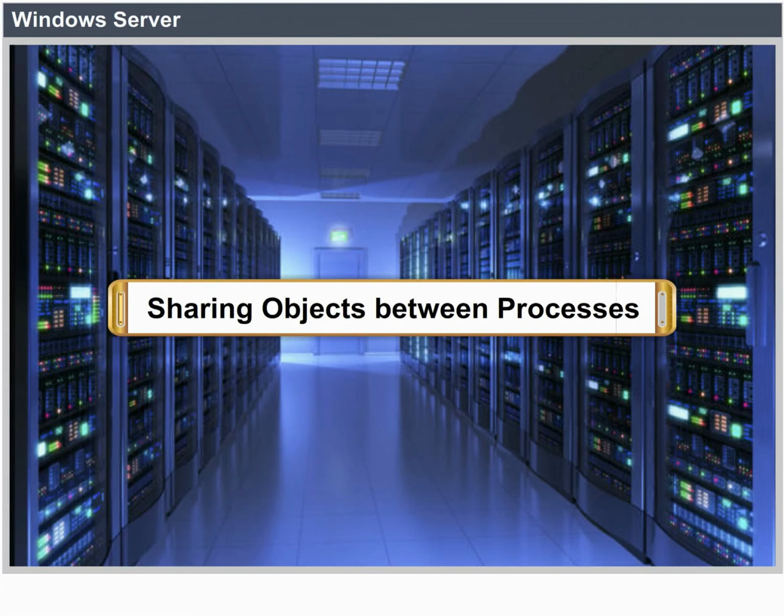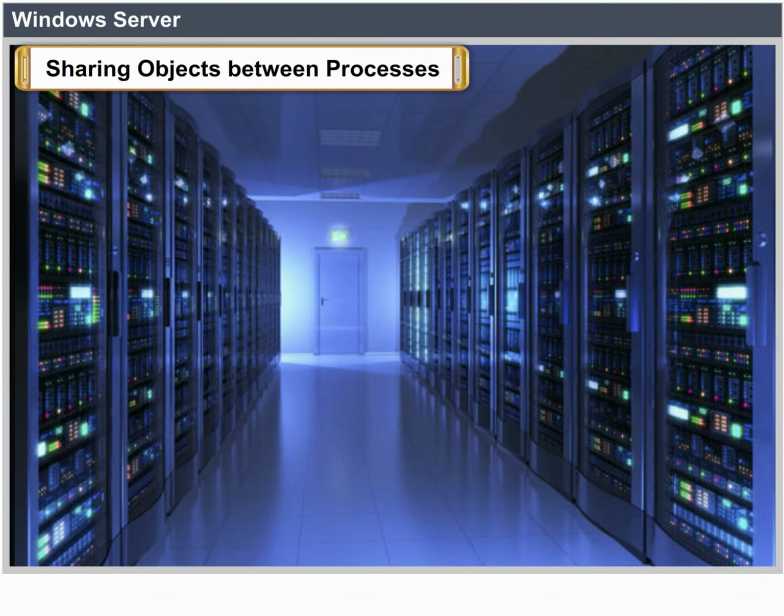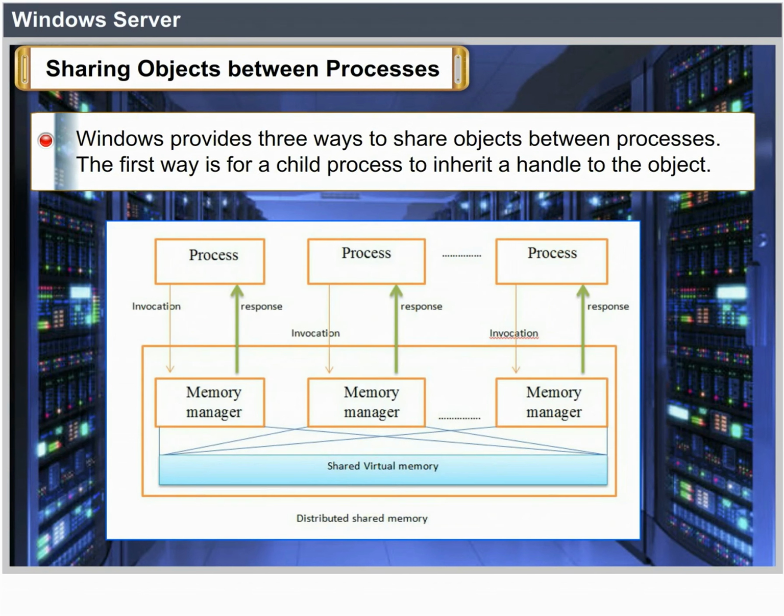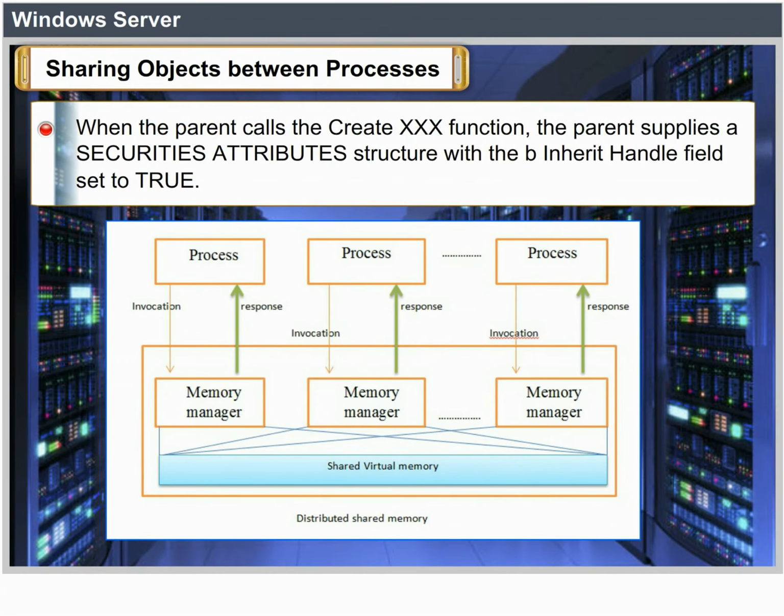Sharing objects between processes. Windows provides 3 ways to share objects between processes. The first way is for a child process to inherit a handle to the object. When the parent calls the CreateXXX function, the parent supplies a security attributes structure with the bInheritHandle field set to true.